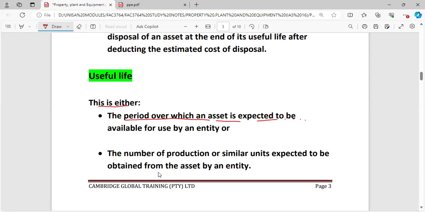If the question says the cost of the asset is 3,000 and the useful life is 6 years, it means you are going to divide 3,000 by 6 years. That is going to be your depreciation. So the useful life of the asset will determine the amount that should be charged as depreciation every year.